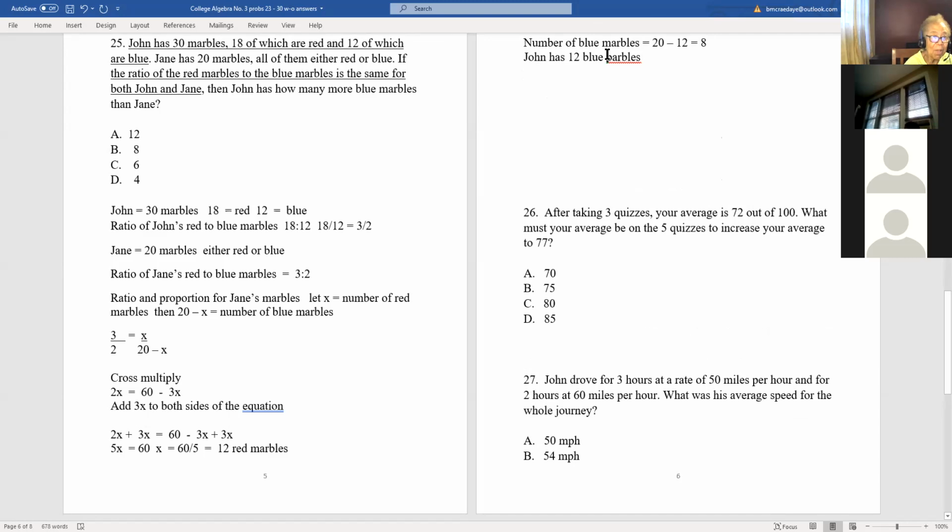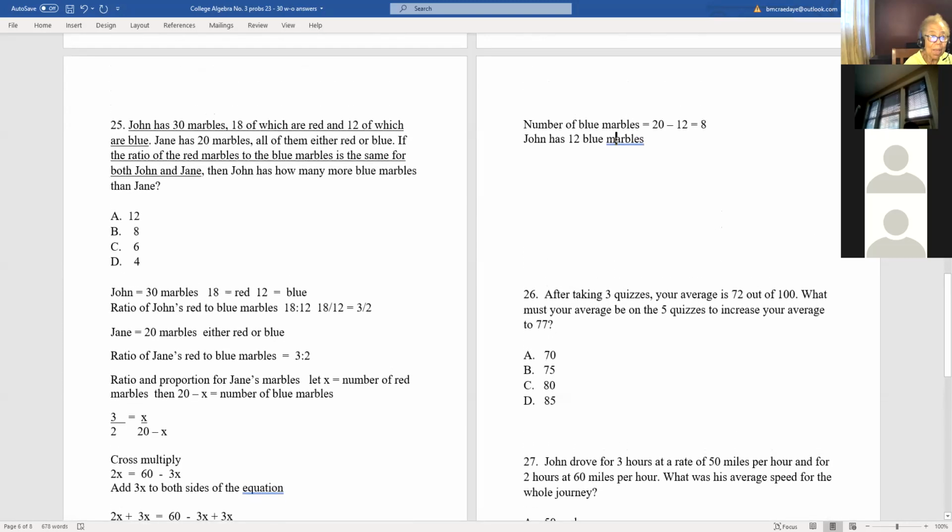It said John has 12 blue marbles, right? And the number of blue marbles is 8. That's Jane. This is Jane's marbles we're talking about here. So John has how many more blue marbles than Jane? 4.